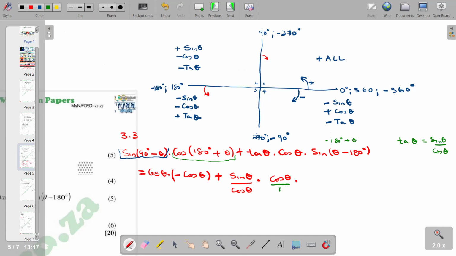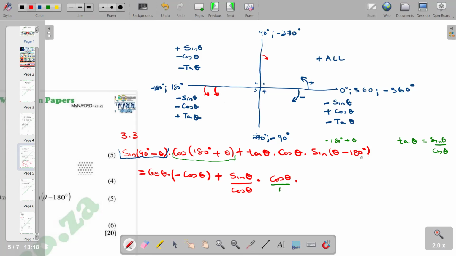So where is negative 180 degrees? Here is the line. Then we are saying plus theta, plus, we are going in an anti-clockwise direction, so which quadrant are we going to be in? We are in the third quadrant. And what is the sign of sine in the third quadrant? It's negative. Then is the ratio going to change or not?